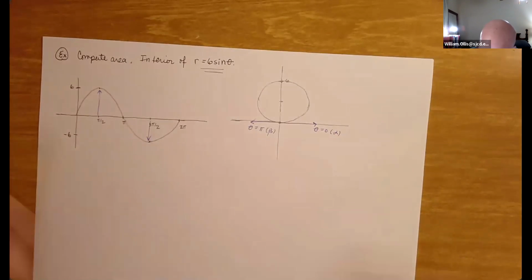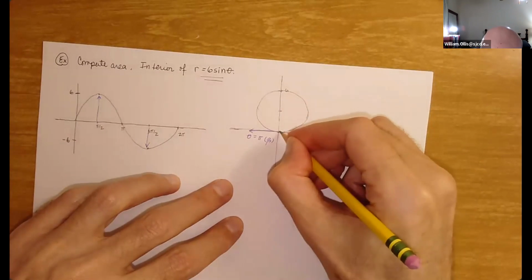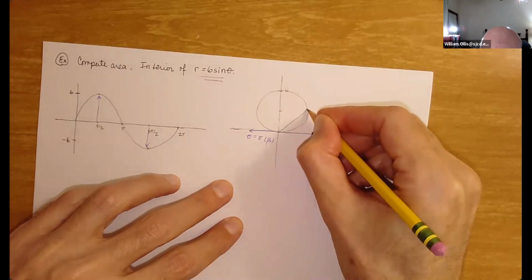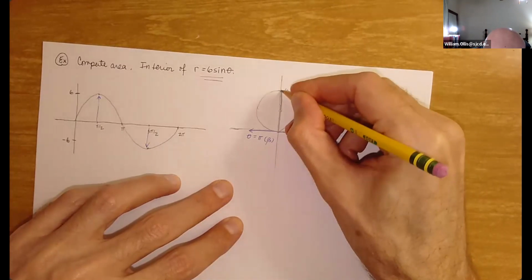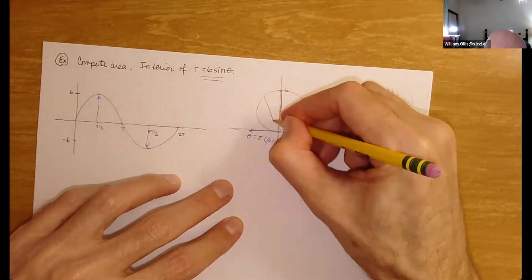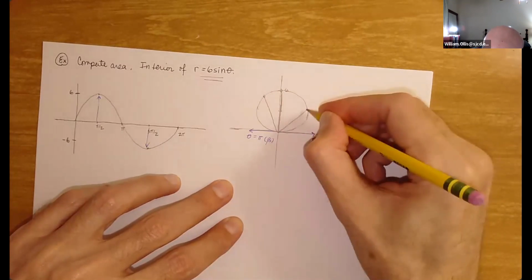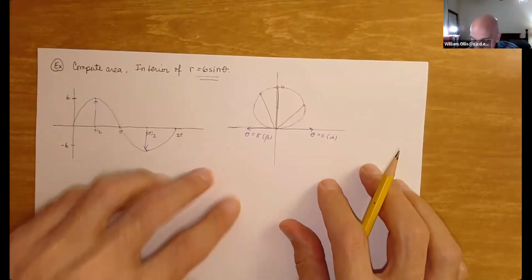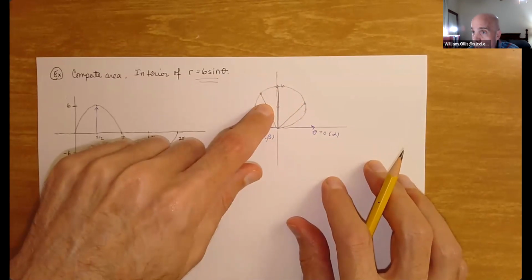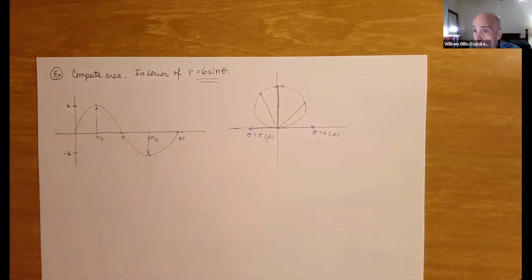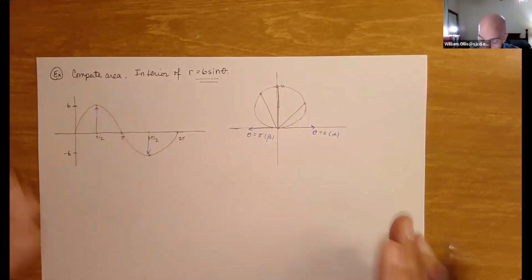As you move through here, the radius starts here, and then it moves out to here, and you can just draw some radii if you want, as we move around the circle. And so we can think of computing the area of this, which we know how to do, but let's go ahead and use the formula just to get some practice with it.